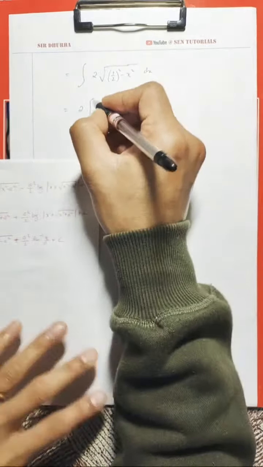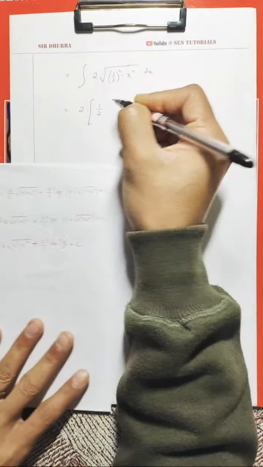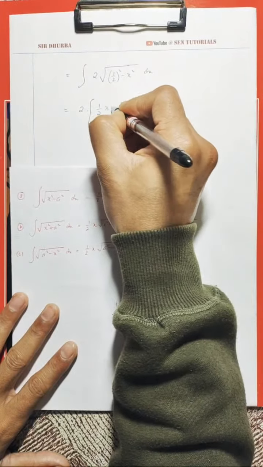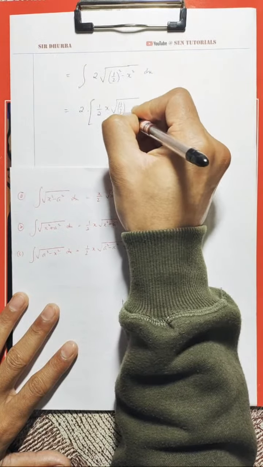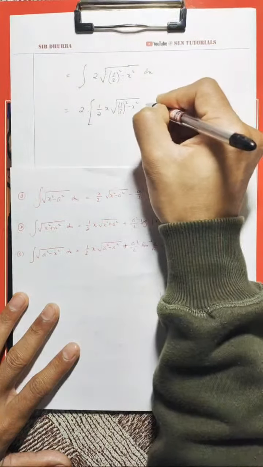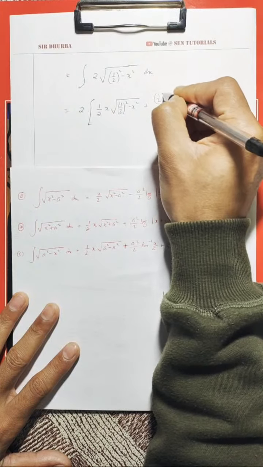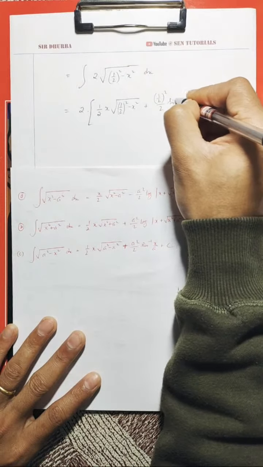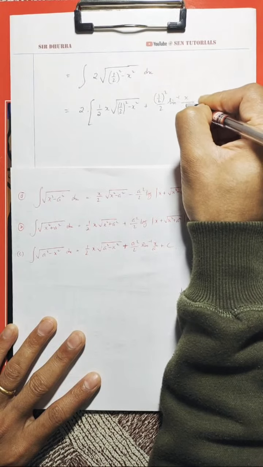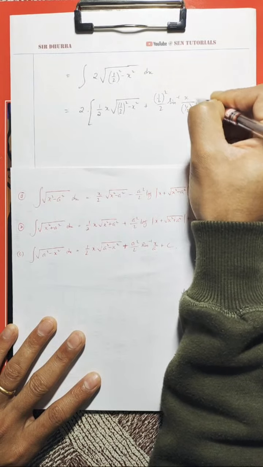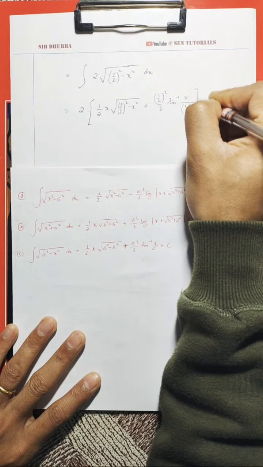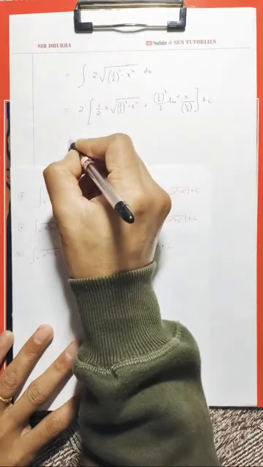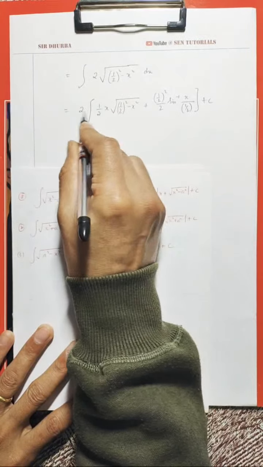So that will be 1 by 2, if you look at the formula, x root over of a square minus x square plus a square by 2 sine inverse x by a plus c. I'll just multiply by 2 also in the meantime.